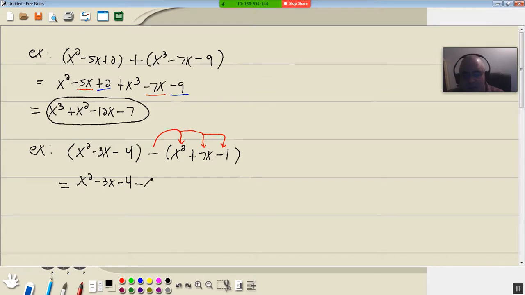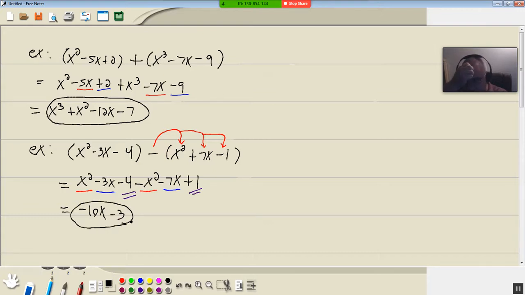So the x squared becomes a negative x squared. The 7x becomes a negative 7x. The negative 1 becomes a positive 1. Well, combine like terms. X squared minus x squared drops away. Negative 3x and negative 7x, negative 10x. And negative 4 plus 1 gives us negative 3. And that would be our answer.